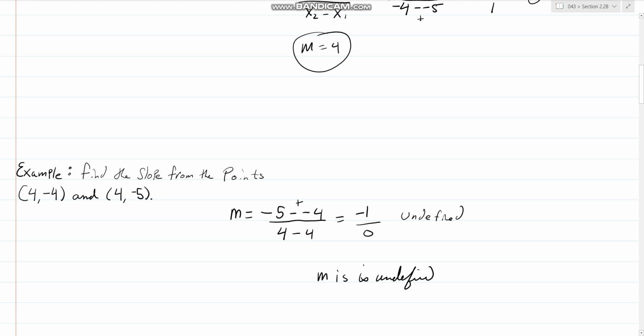If you have x's that are the same, then the slope is undefined because it's not changing on the horizontal axis, okay? And that can happen sometimes. You might also imagine that maybe the y's would be the same in an example. If that was true, then it would just be a 0 as opposed to undefined.